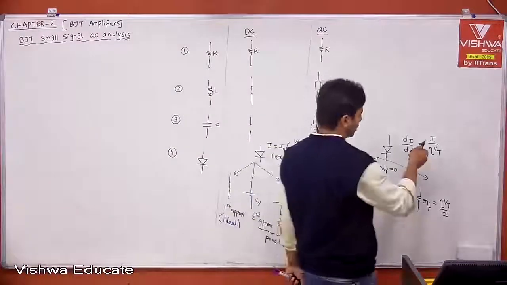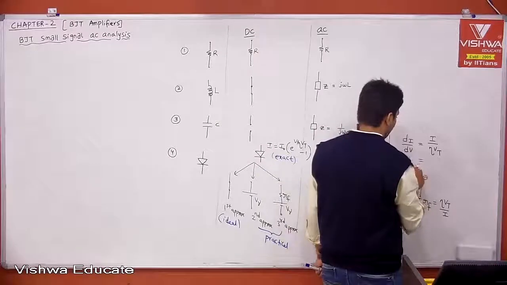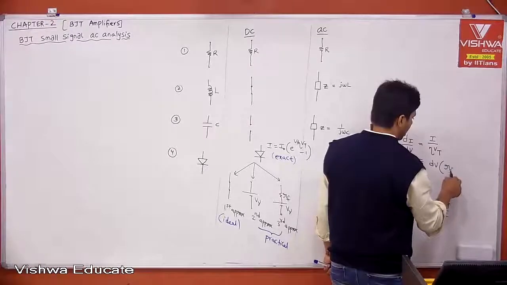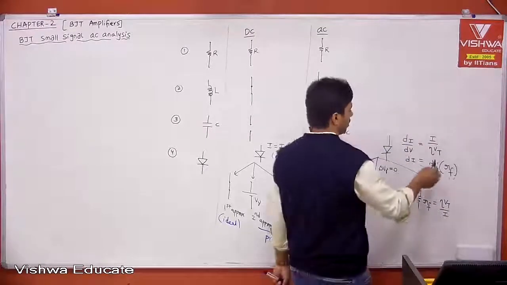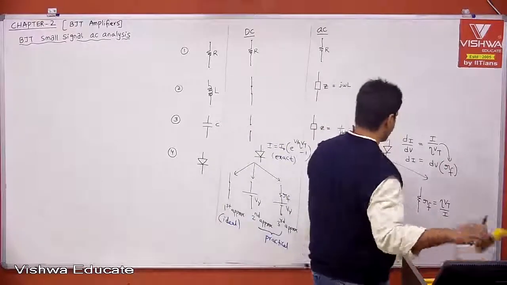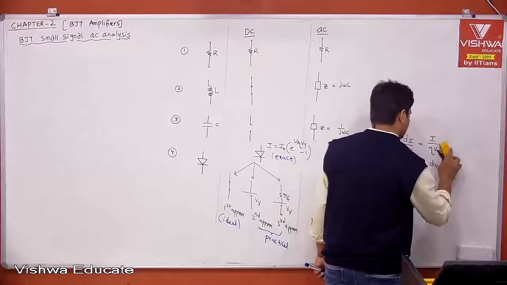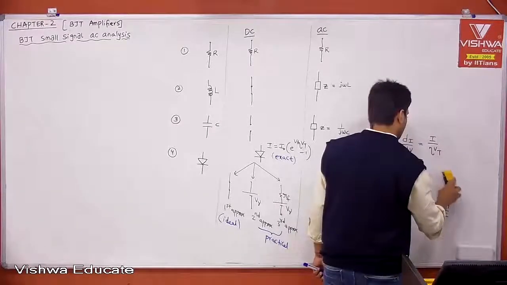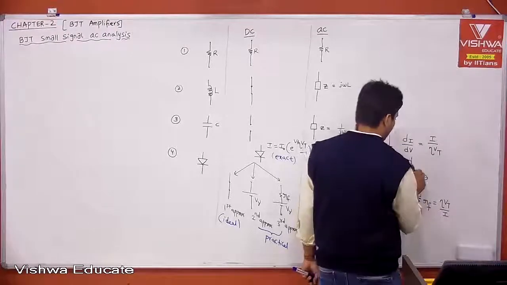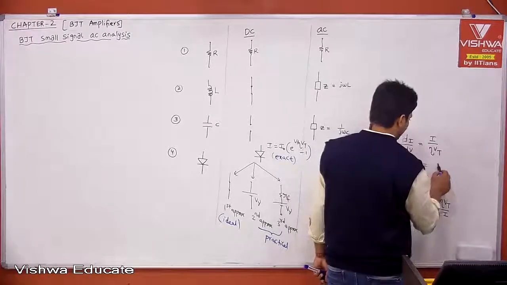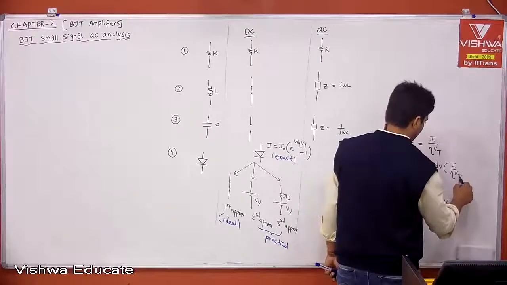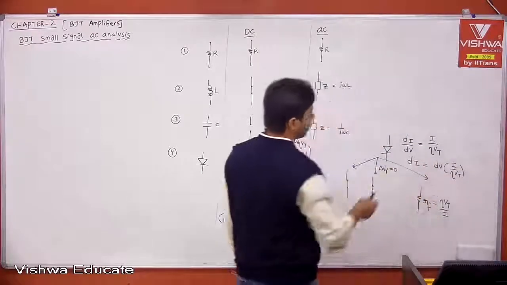Therefore, what is the meaning of it? I can say di is nothing but dV into I by eta Vt, where I by eta Vt is nothing but 1 by Rf.